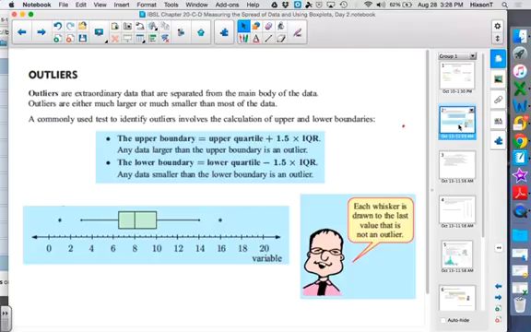Okay? So you'll notice here in this box plot, we have 6.5 for our Q1, and here we have 10 for our Q3. So the interquartile range is 3.5.